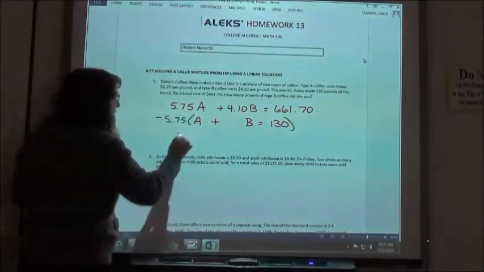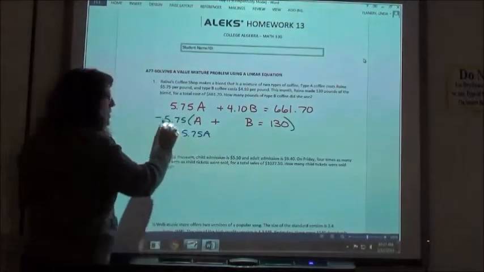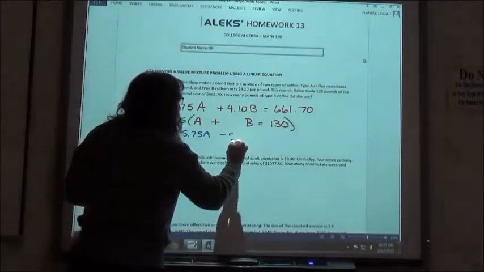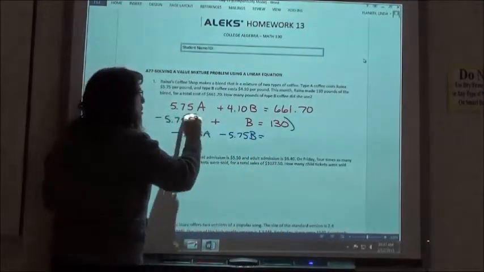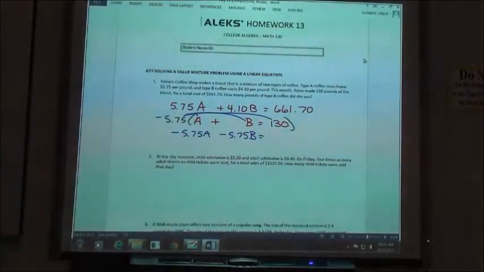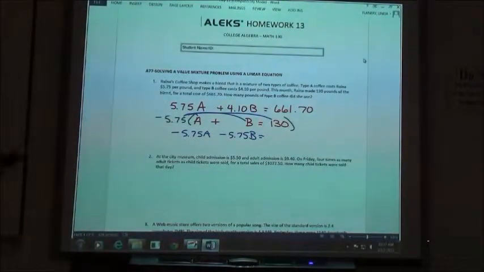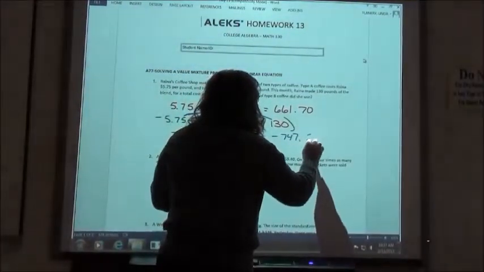So I'm going to have negative 5.75 times A. I'm going to do negative 5.75 times B. And I also have to take the negative 5.75 times that 130. So 130 times negative 5.75 gives me negative 747.5.